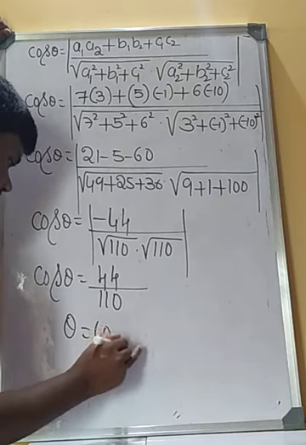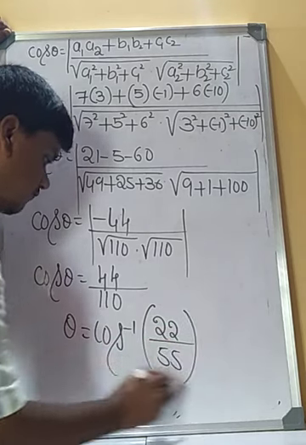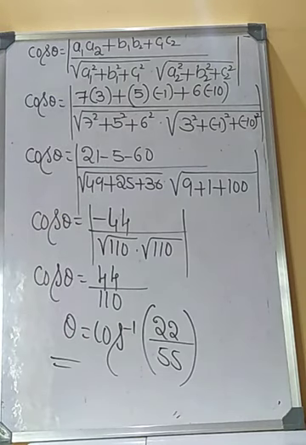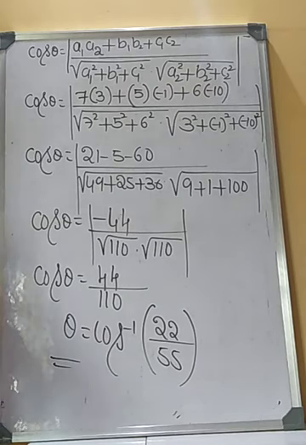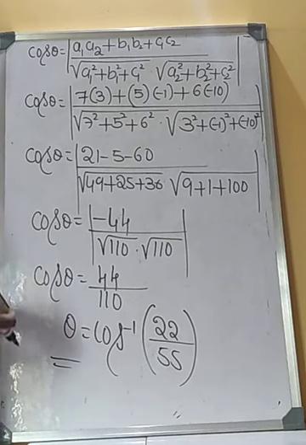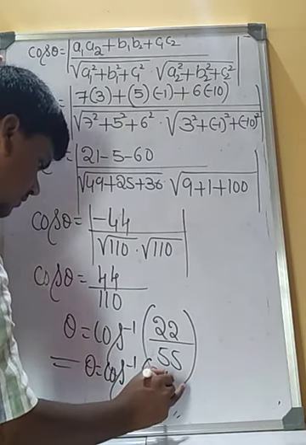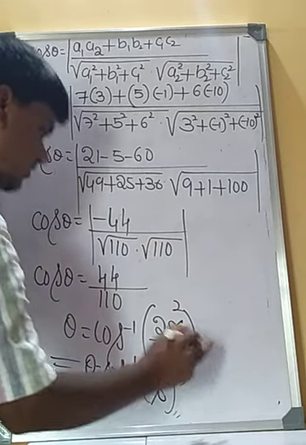Therefore, theta is equal to cos inverse of 22 by 55, which is theta equal to cos inverse of 2 by 5.